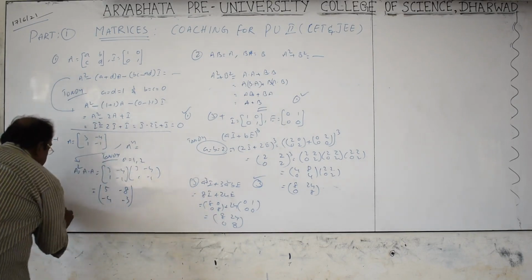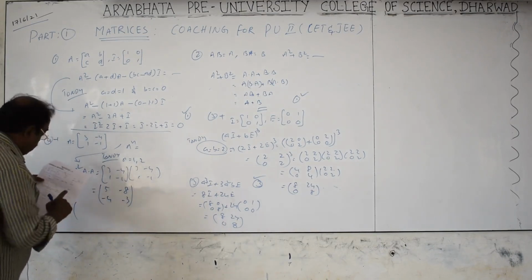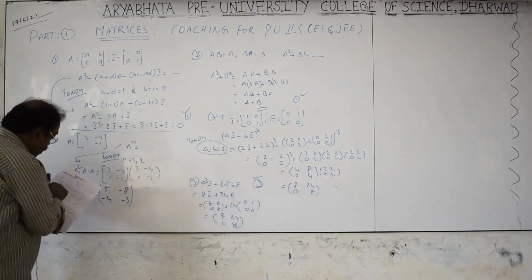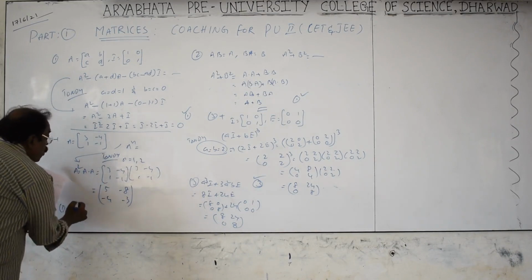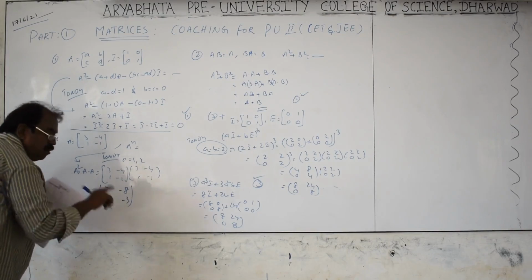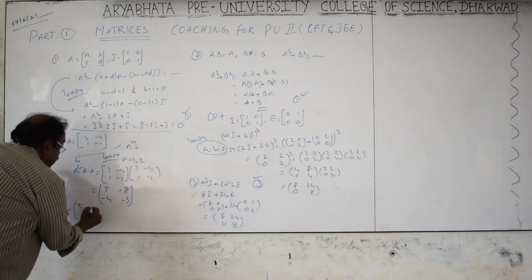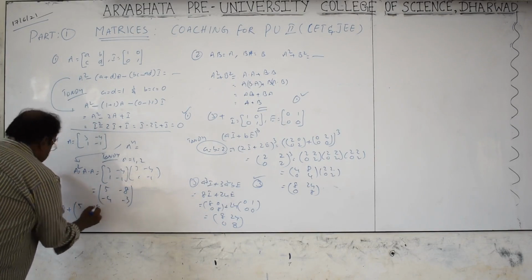For example, the first option. The first option is 1 plus 2n. 1 plus 2 into 2, 4, 4 plus 1 is 5. Minus 4 into 2 is minus 8.